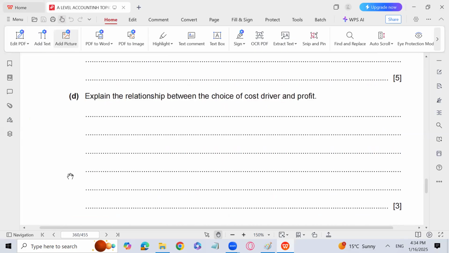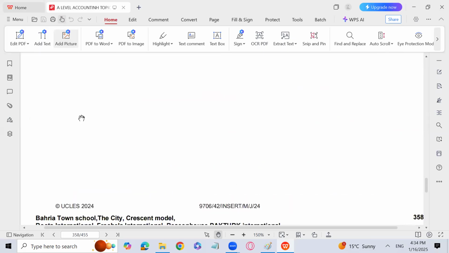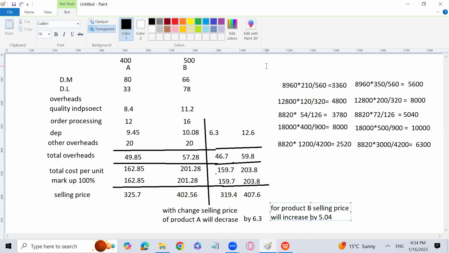Let's see what the material price of product A was in the past. It was 80. So there is a reduction of material cost of 50. So you are getting a benefit of 50 in the material cost.